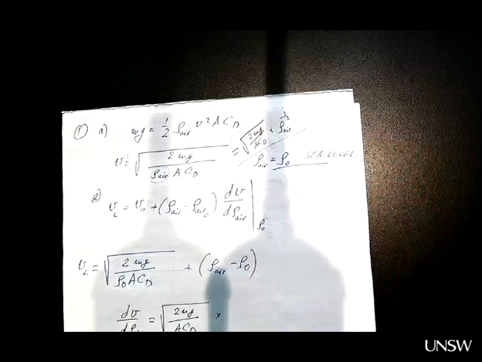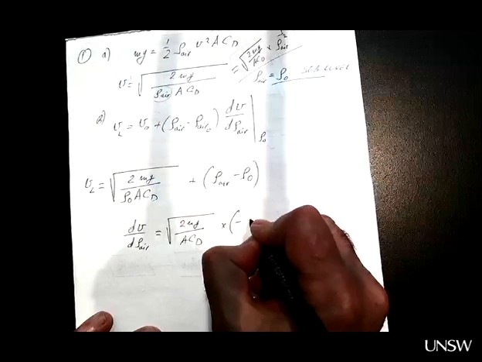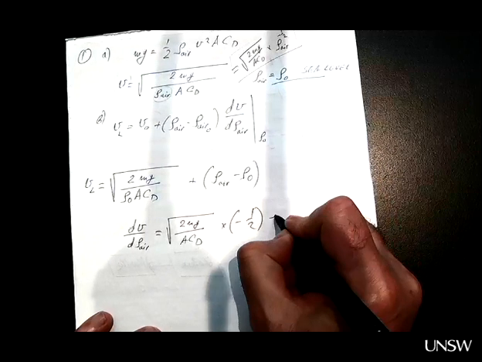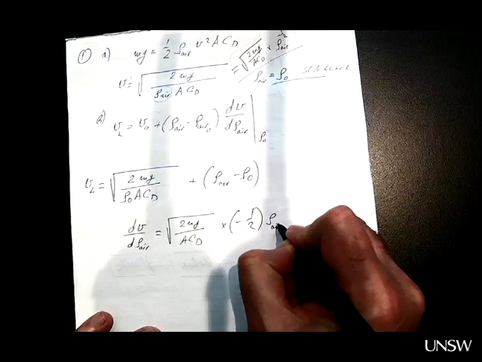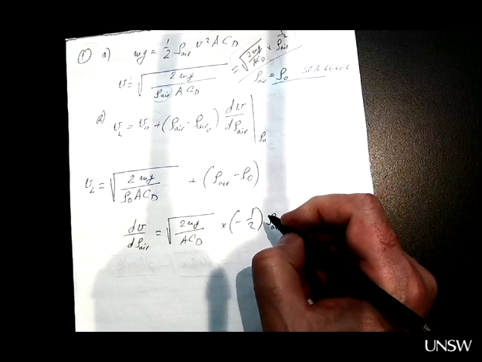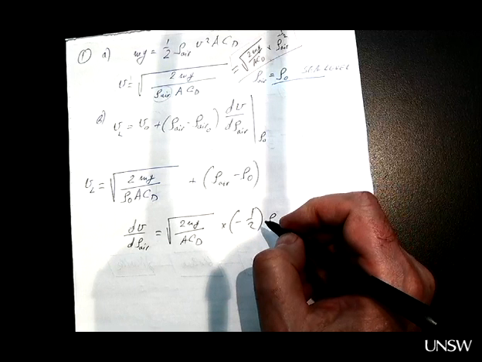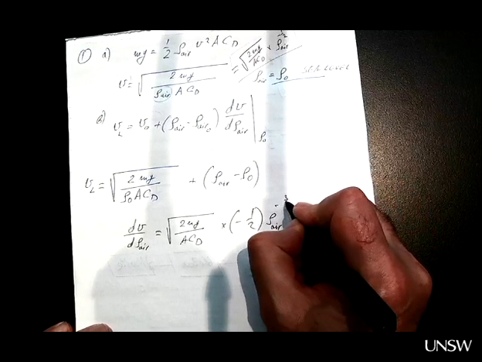So it is times minus 1/2 rho air to the power of minus 3/2.